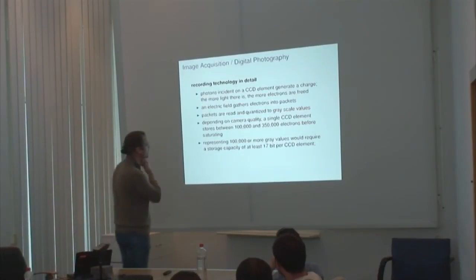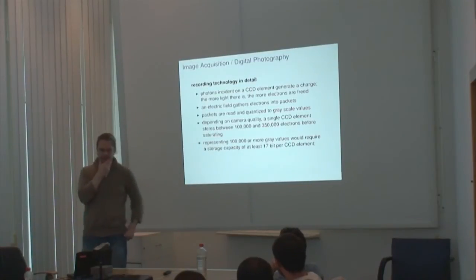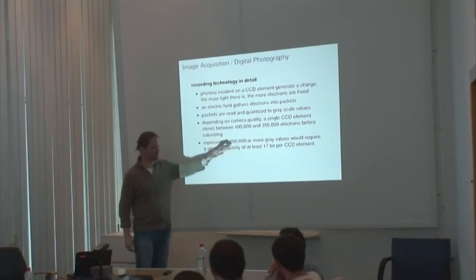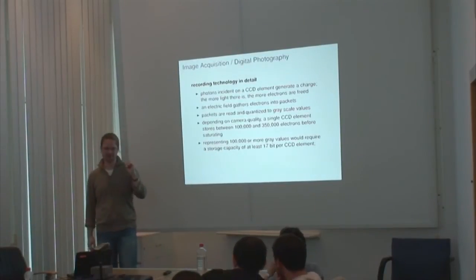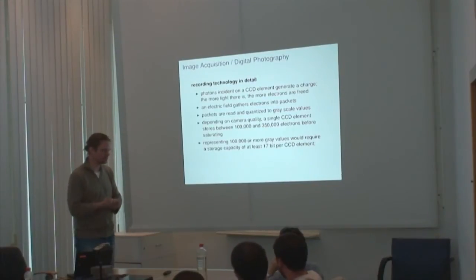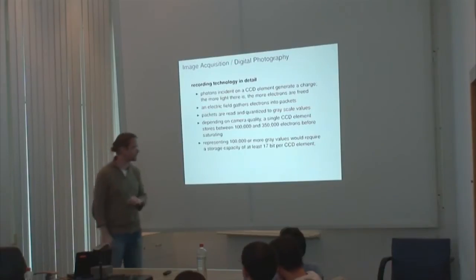Yeah, now, say we are dealing with a low-cost camera. It could, in quotation marks, record 100,000 electrons per CCD element. And then we would want to store this. I'd say we can indeed determine the number of electrons that have been stored with this precision.